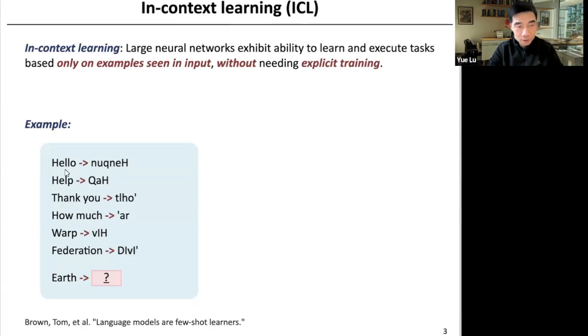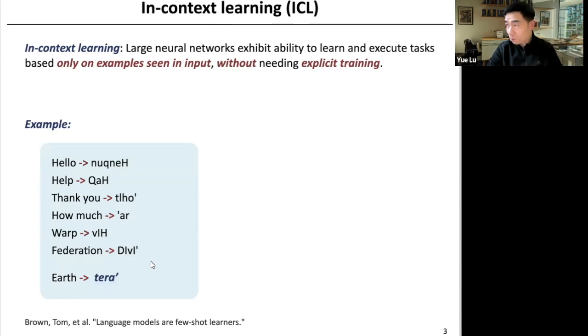Now, first of all, by going through the sequence, the neural network first has to understand that the task is to translate English words to the corresponding words in Klingon. This is a task that the network had to realize. And also, once it is given this English word earth, it also needs to do the correct translation to Terra.